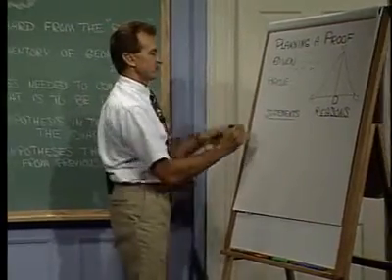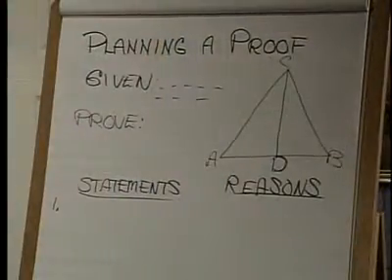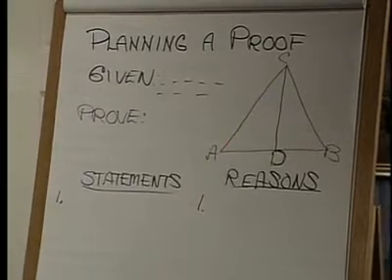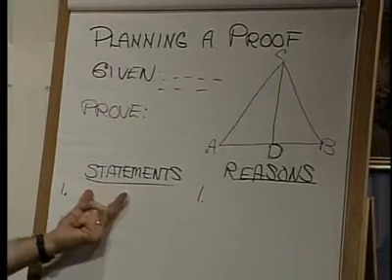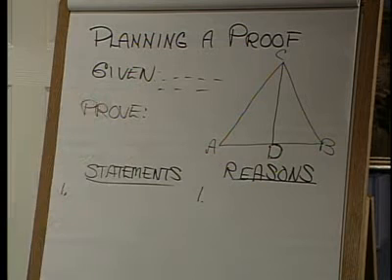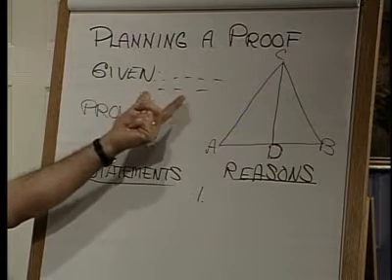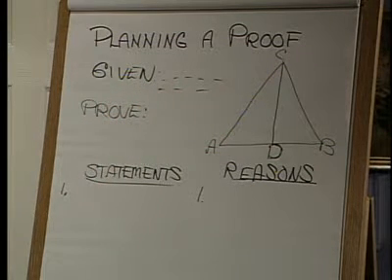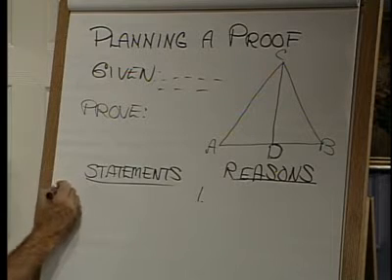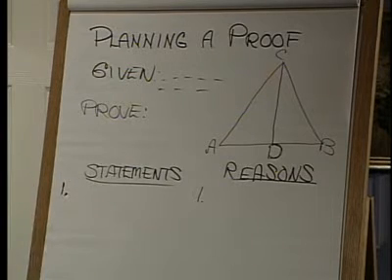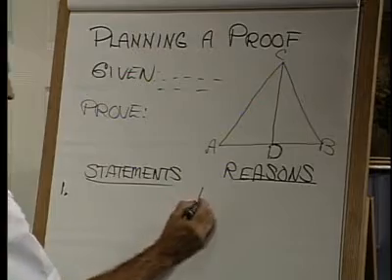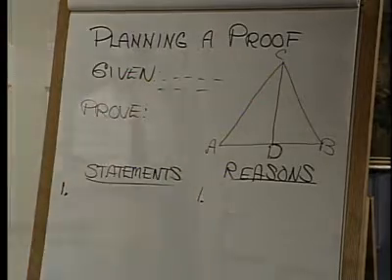So you number your statements, like statement number 1 and reason number 1 that would match. Now usually the statement would be what is given. We need to introduce the given facts into the proof to start with, so we can develop it from there. So the first statement is usually what is given, and the reason would be that, given.